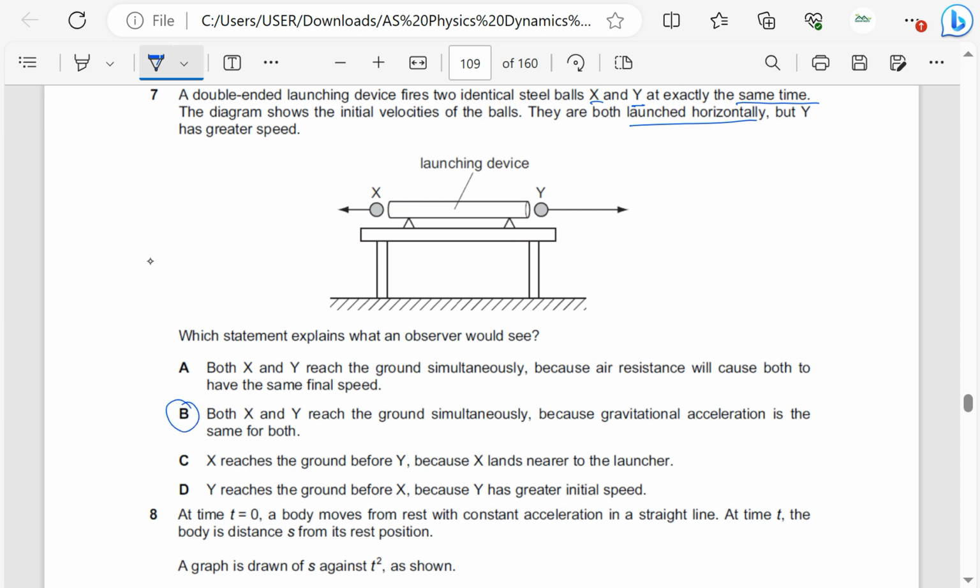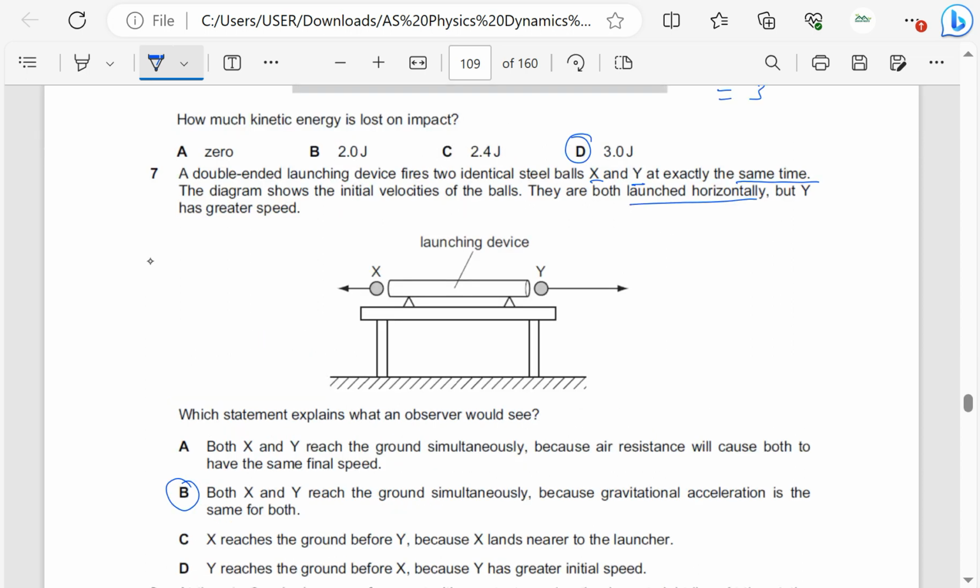Because they are launched both horizontally, the only force they have, of course, is gravity, and they are launched at the same time. So if we consider the time they hit the ground, I will simply use S equals a half at squared in the vertical. They will hit at the same time, because the vertical displacement is the same for both balls, and the acceleration is the same for both balls.